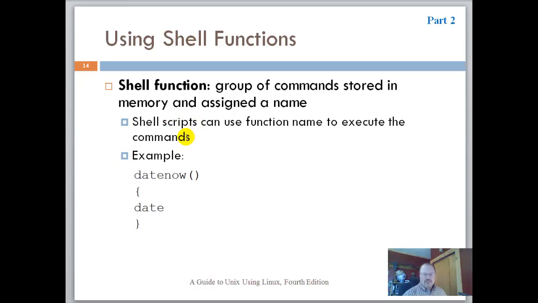Now, creating shell functions. A shell function is a group of commands that are stored in memory and assigned to a name. The example being date now, and this is what that looks like. This is what it's called, the shell function is called, that's how you call it from the command prompt, and these are the commands within it.